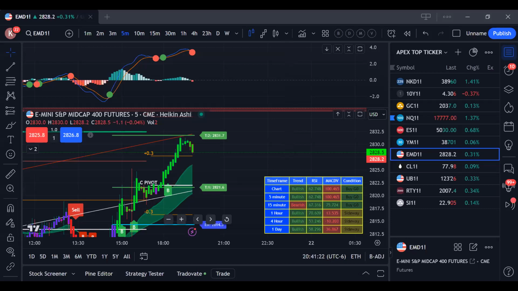So when you go to Tradovate, the first thing is you will go to Apex and you will get a Tradovate account.